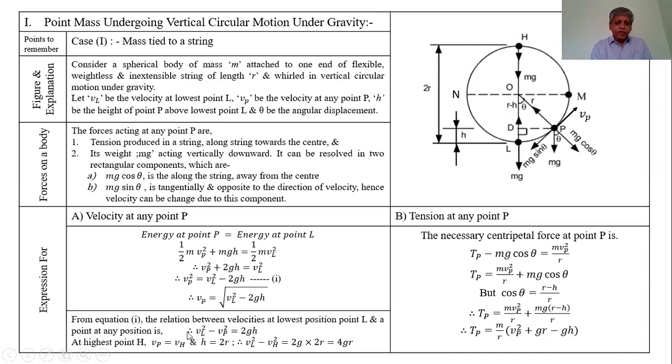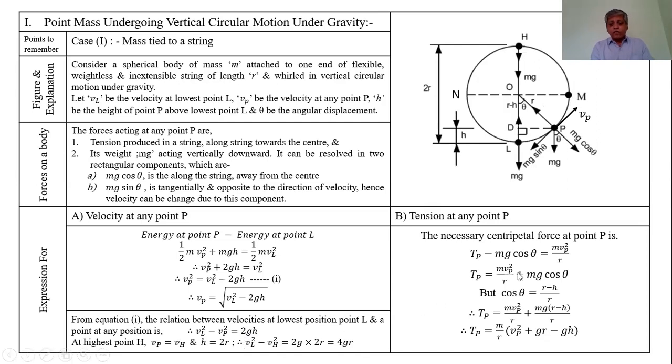That means we replace Vp with Vh and h with 2r in the above equation. We get VL square minus Vh square is equal to 2g into 2r, which is equal to 4gr. This is the relation between the squares of the velocities at the lowest position and the highest position. Remember this equation. It is most important for the next articles.